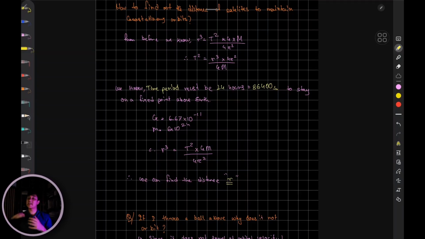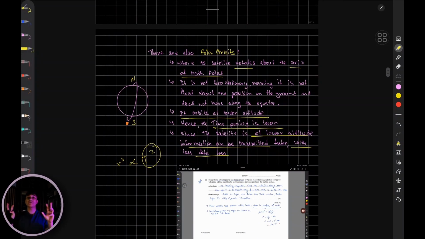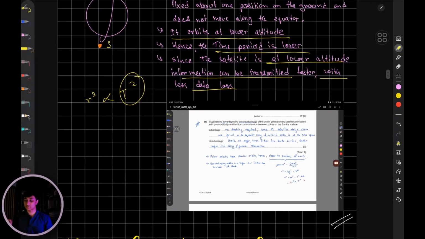Although, yes, it's directly above your fixed point, you do not need to find out where it is, but the amount of time needed to transmit the information might cause a lot of data loss, which is why it is also beneficial to have polar orbits where the orbit is actually lower, where the information can travel faster. Even though you need to track where the satellite is, you can transmit the information a bit faster, and there is less likelihood of data loss. Okay.